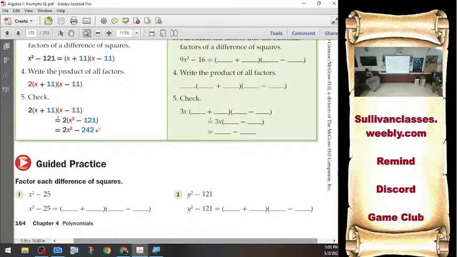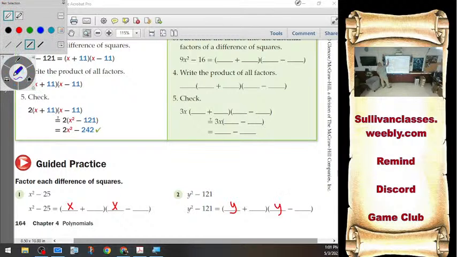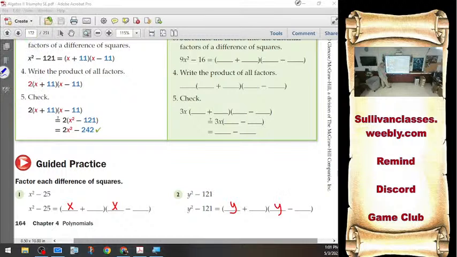These are all fairly quick, right? Nice and simple. The square root of x squared is just x. The square root of y squared is just y. And then the square root of 25.